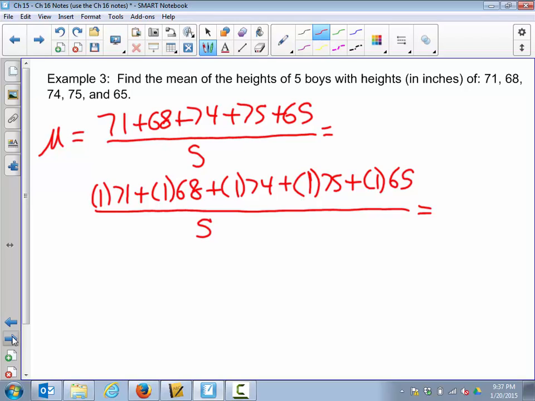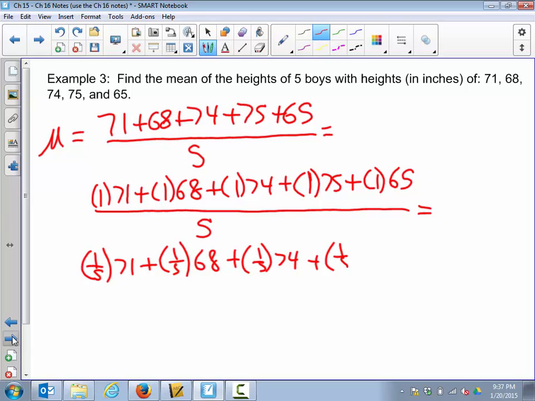So I'm just drawing out the hidden coefficient of 1 in front. Well, if we've got the same denominator for each, instead of having this common denominator of 5, why don't we make 5 separate fractions here and say that this is 1/5 times 71 plus 1/5 times 68 plus 1/5 times 74 plus 1/5 times 75 plus 1/5 times 65. Now, why would I do that?